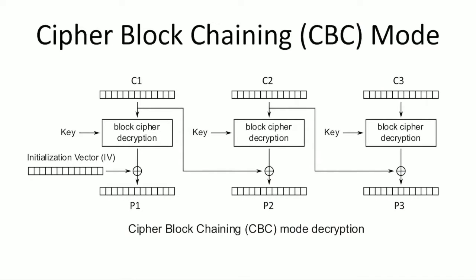So we XOR the plaintext block with the previous ciphertext block, as you can see over here. This is because this was the first step that we did before we did encryption of each plaintext block.